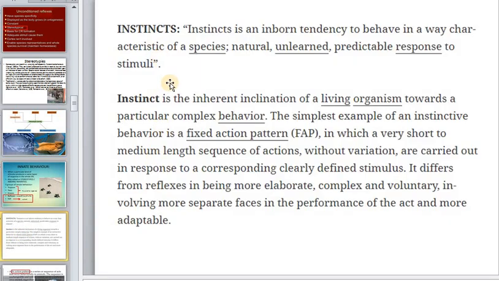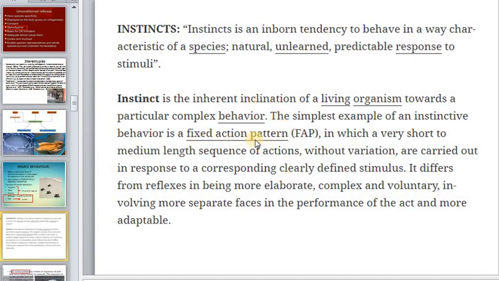It's instincts. Instinct is the inborn tendency to behave in a way characteristic of the species, a natural and predictable response to stimuli. Instinct is the inherent inclination of a living organism towards a particular complex behavior, and sometimes we hear that instincts are manifested as a fixed action pattern.